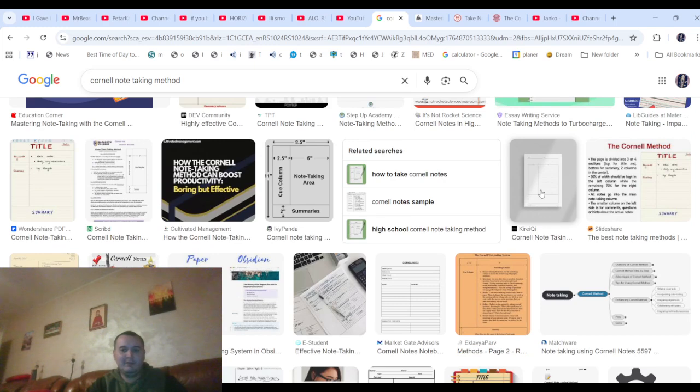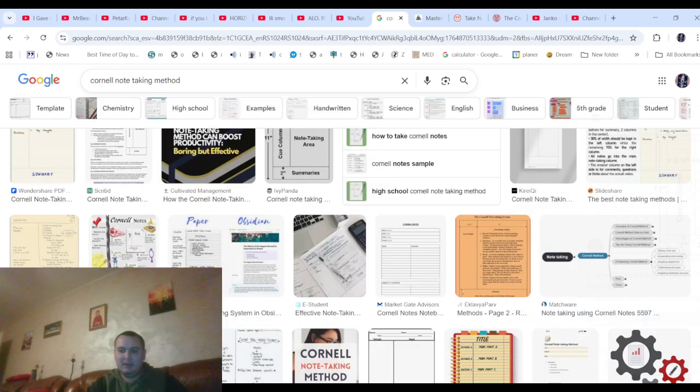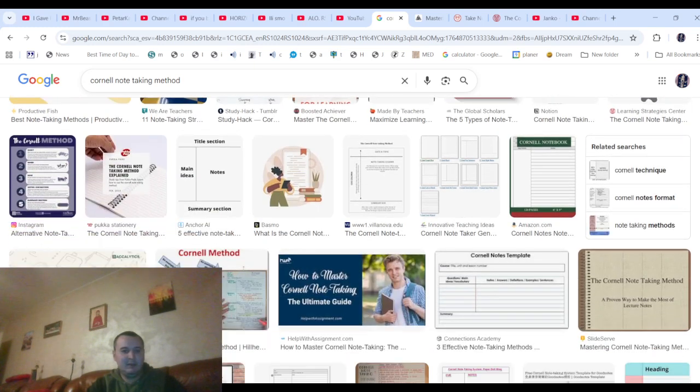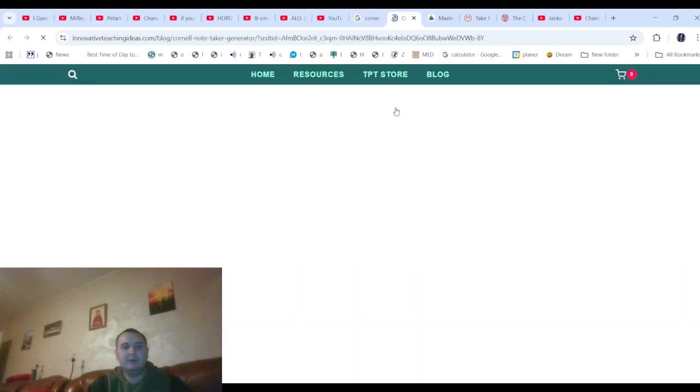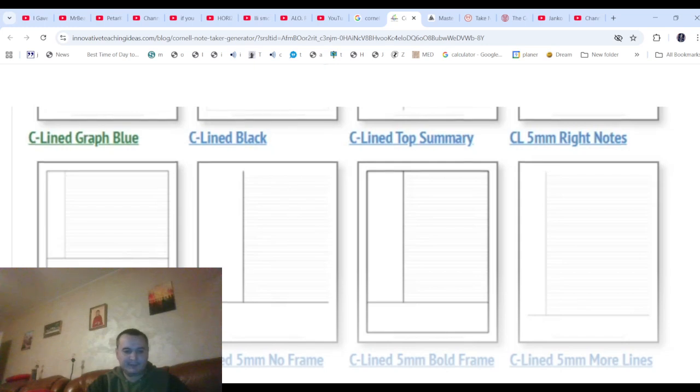I used millimeter paper, and this is like some measurements, and yeah, basically that's it. Cornell note-taking method, and see, these are some examples of the paper.